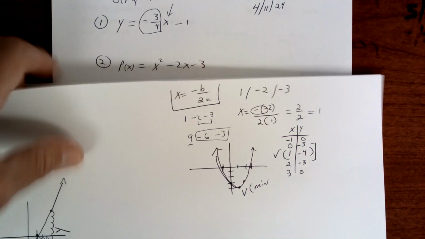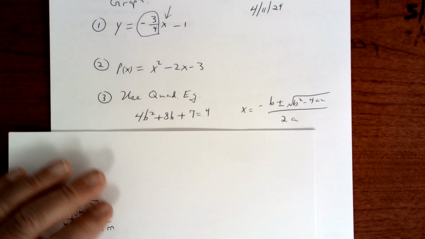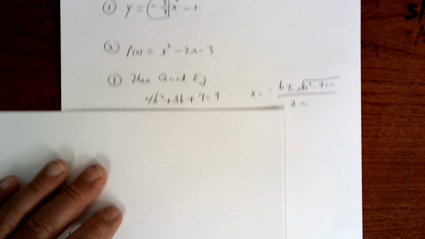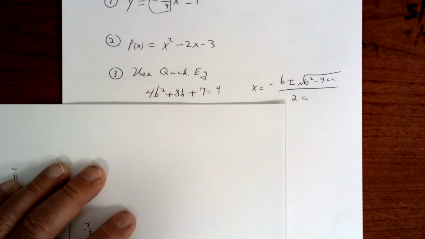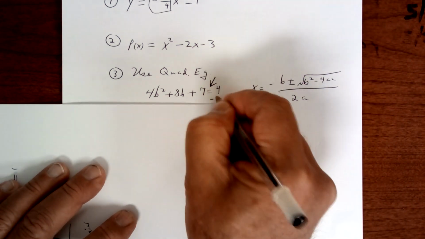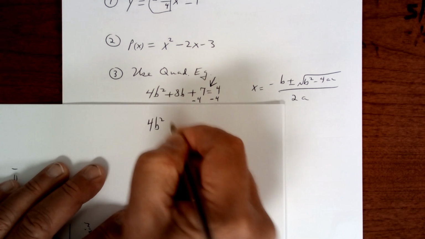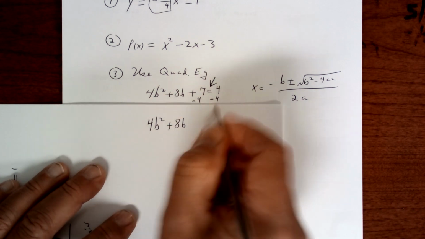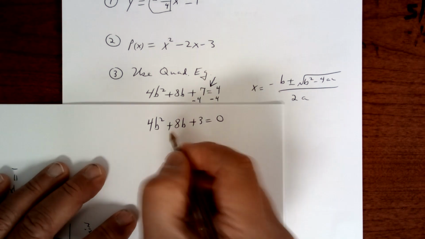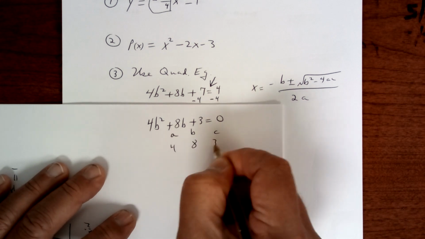Well, let's keep moving. This one right here, I want you to do the quadratic equation, and then I want you to graph it. Okay, now, let's just talk about graphing first. Well, or even the quadratic equation, you got to get it equal to 0, so you're going to have to subtract 4 from both sides. Once you get it equal to 0, then you're going to do your A, your B, and your C. And then you got to plug it into this formula.